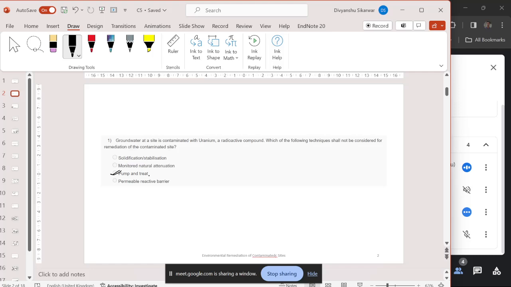And then there will be huge cost also, because of the longer duration of this particular treatment. So all these factors contribute to not using pump and treat for this specifically.